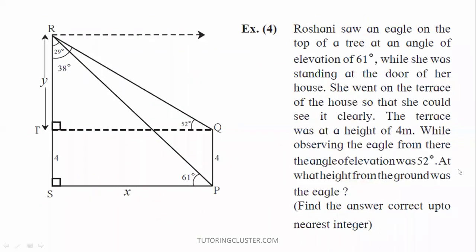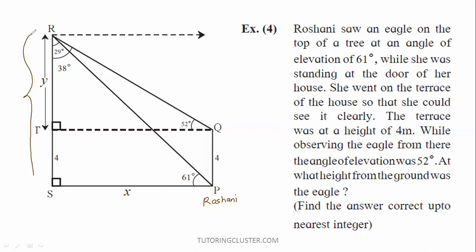A very good example. It is a little bit lengthy, but let us check this out. Roshni saw an eagle on the top of a tree at an angle of elevation of 61 degrees. So Roshni is standing here, observing an eagle at the top of the tree.